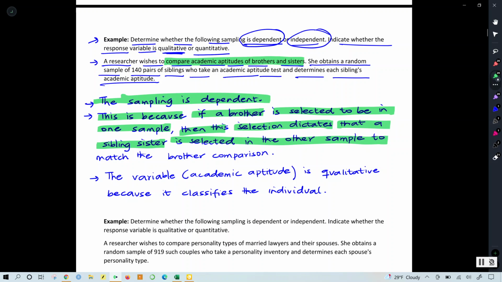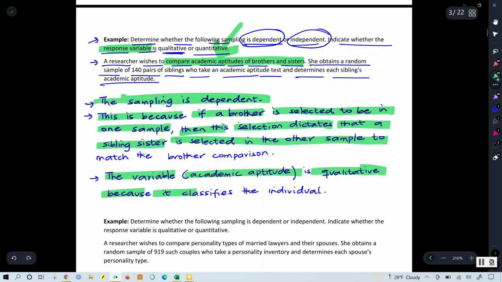And in this case, the response variable that is being measured is the academic aptitudes of brothers and sisters. And this variable is definitely qualitative because it classifies the individual.